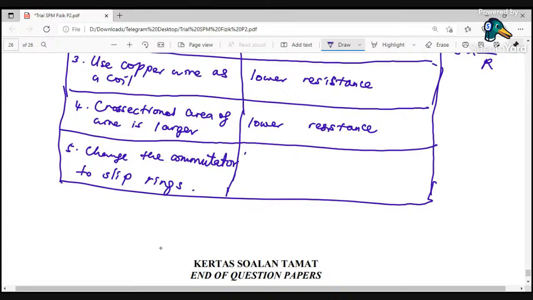So the output will become alternating current.